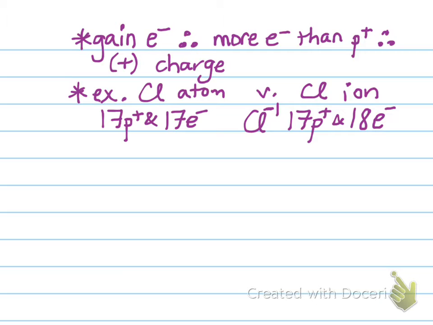They do that because they're really stable the way they are. So every other element on the periodic table, when it becomes an ion, when it gets involved in bonding, is doing so that it can feel like it's a noble gas. And chlorine becoming an ion and getting that -1 charge, it feels like it's a noble gas because now it has 18 electrons just like its neighbor argon, the noble gas.